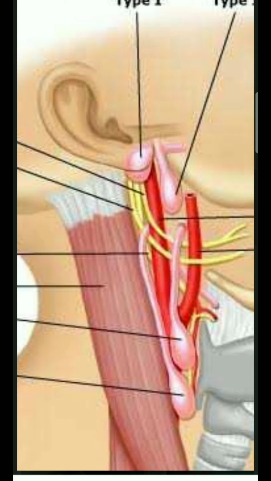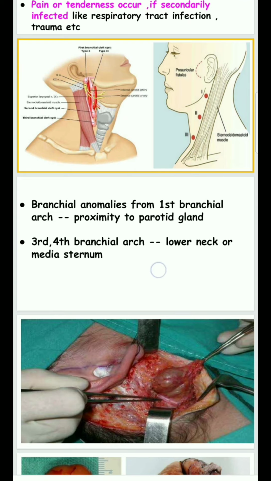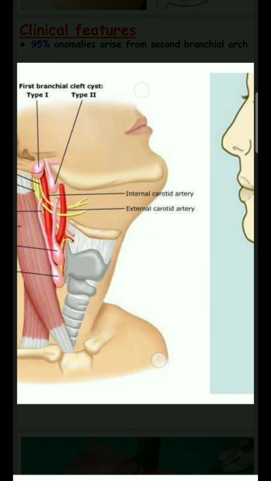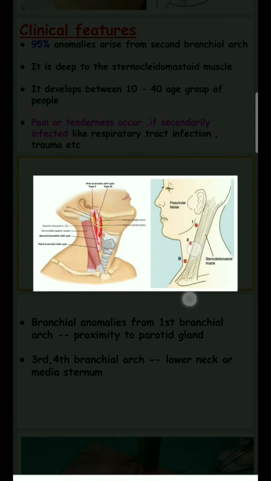Mostly, 95% of cases arise from the second pharyngeal arch, but rarely, 5% of cases arise from the first pharyngeal arch and the third and fourth pharyngeal arches. That 5% is due to type 1, which arises from the first pharyngeal arch. If it arises from the third and fourth branchial arches, it occurs in the lower neck or mediastinum, which we have to look for.